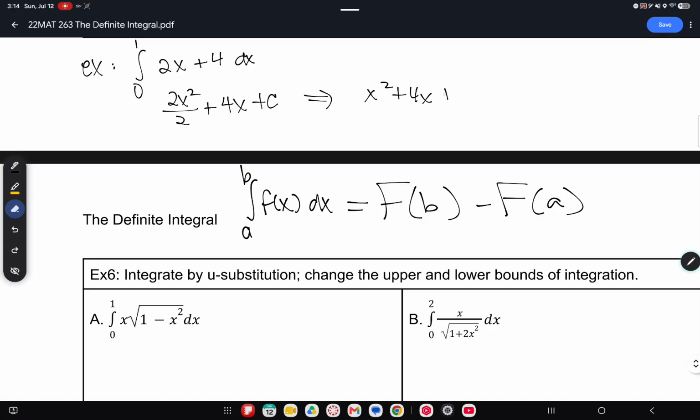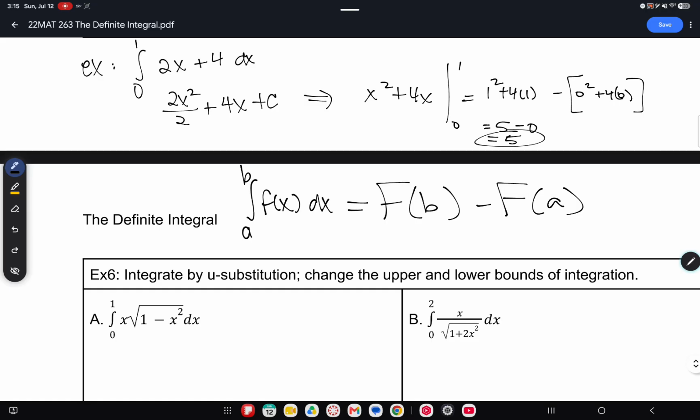But because I have bounds here, I'm actually going to evaluate it from 0 to 1. And I do a straight line there to say I'm evaluating from 0 to 1. So I plug in 1. So 1 squared plus 4 times 1. And I subtract off if I plug in 0. So 0 squared plus 4 times 0. So 1 plus 4 is 5. And then 0 and 0, it's going to make 0. So I evaluated this and I got 5.